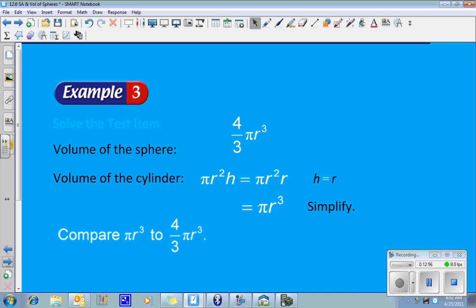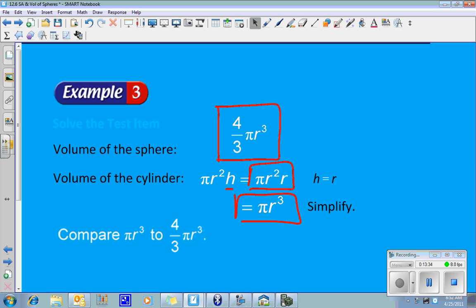Okay, that only works if that's the case. So because the height is r, I get this formula. All right, now remember, if you have x times x times x, you really get x to the 3rd power. Well, I have r squared, which is r times r, and then I'm multiplying r again, so I get r to the 3rd power. So a cylinder with the height of r and the radius of r is pi r cubed. A sphere that has a radius of r is 4/3 pi r to the 3rd. All right, so these are your two formulas that you're comparing, the sphere and specifically in this case, the cylinder.